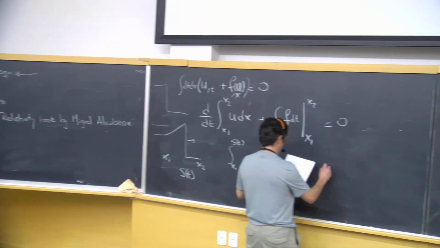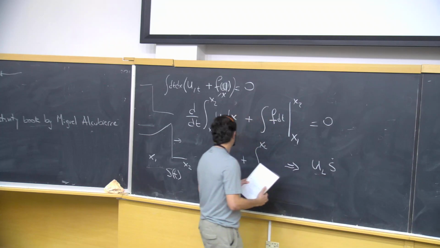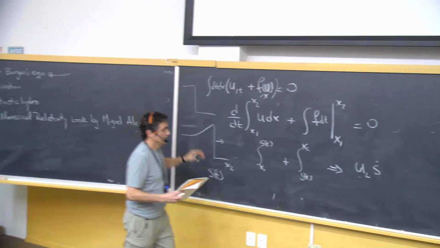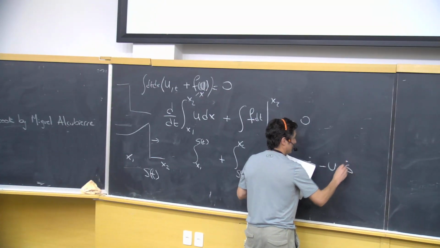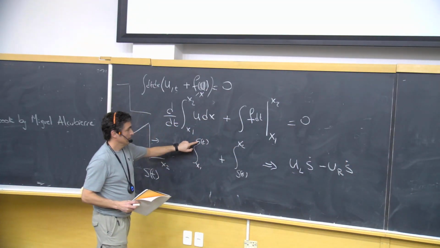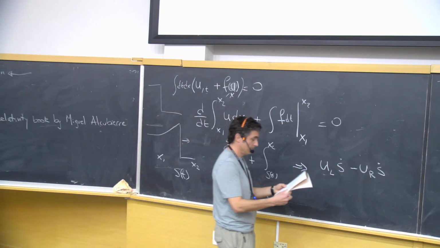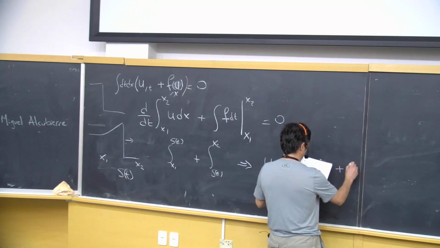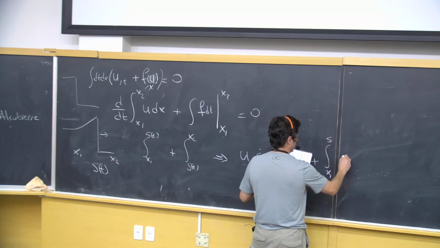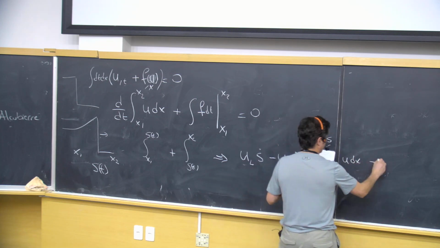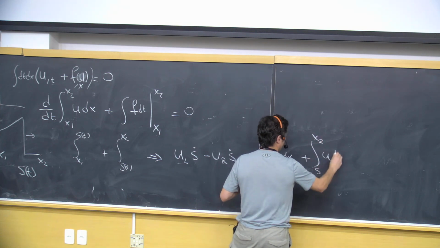So this will be given by, let's call it, u left s dot minus the value of the function at the right, and we have s dot to take into account the time derivative of the interval that is changing in time. And then we have the integral from x1 to s of u dx plus the integral from s to x2 of u dx.